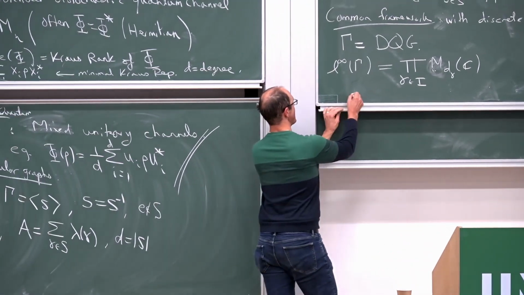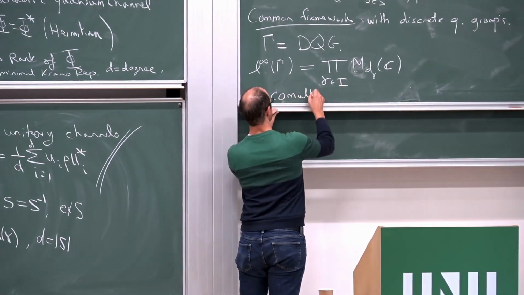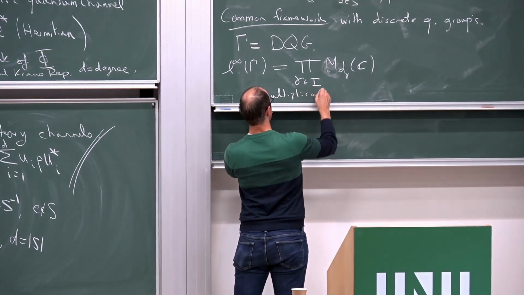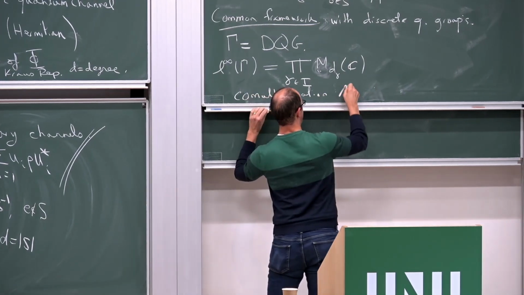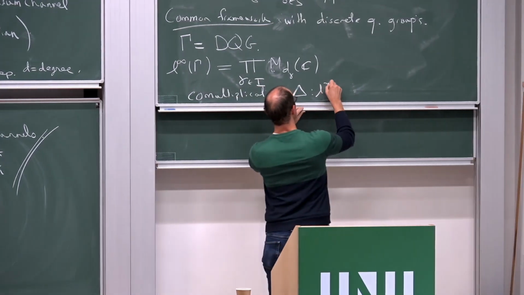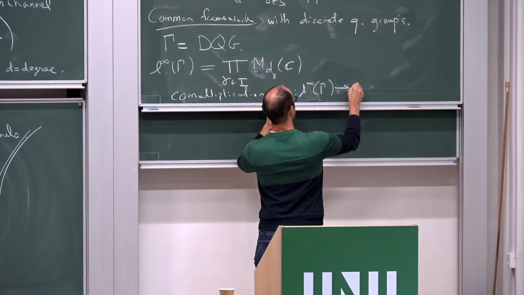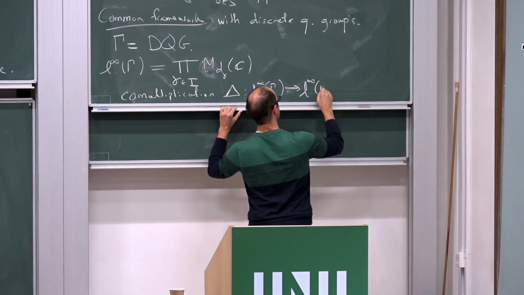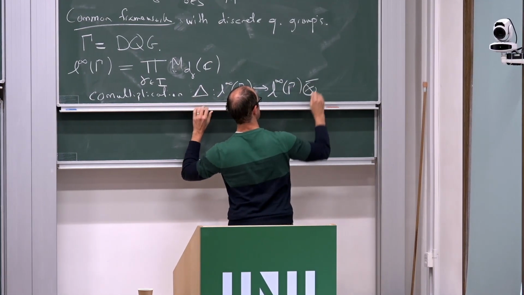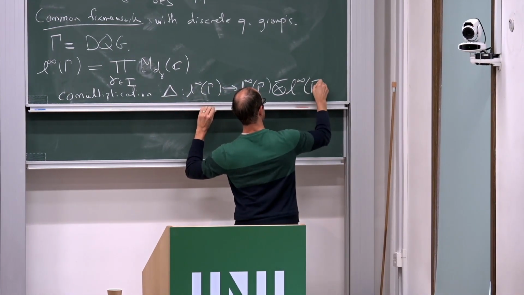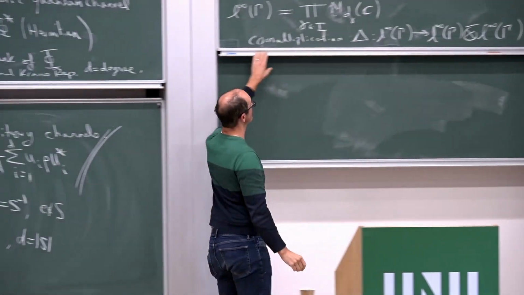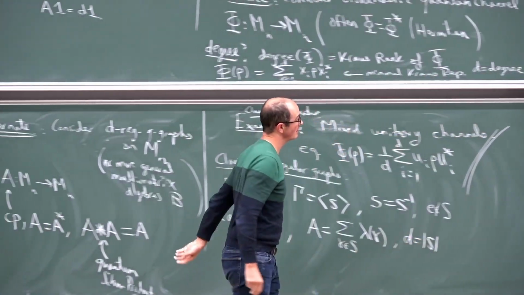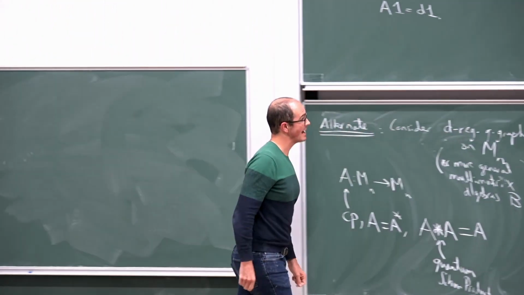And we have a nice co-multiplication. This is a unital normal star homomorphism defined on this algebra, which is co-associative.